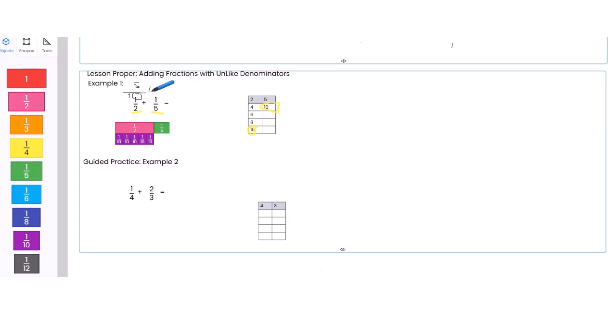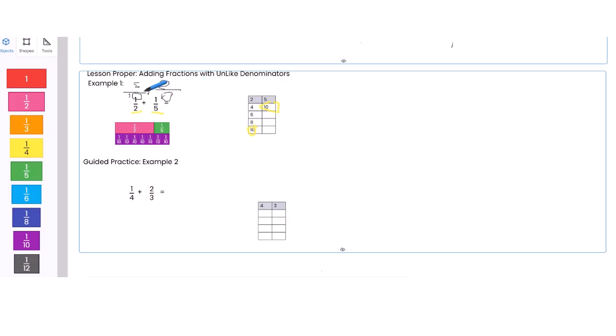Plus, how many 1/10 strips will fit in 1/5? Let's line up 1/10 and 1/5 together. So that's 1, 2. So therefore, 1/5 is equal to 2 over 10. Correct.